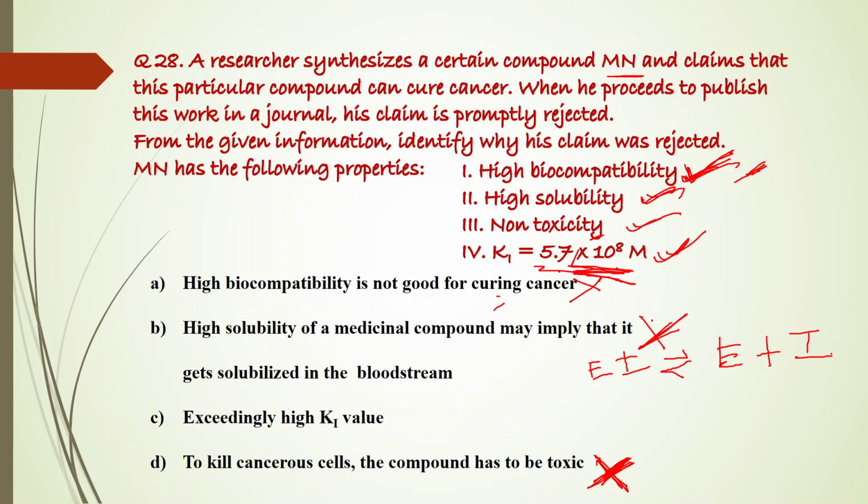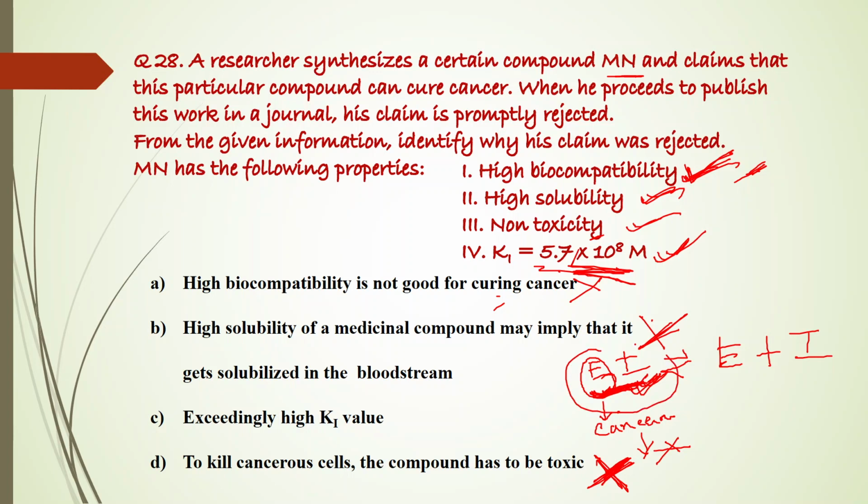But to do that, if it is inhibiting some kind of regulatory enzyme in the cancerous cell, then this inhibitory complex that has been formed has to be very stable, because only if this Mn compound can stop the activity of the enzyme, only then can it stop the cancerous cells from further proliferating.